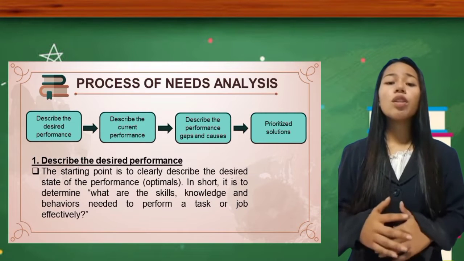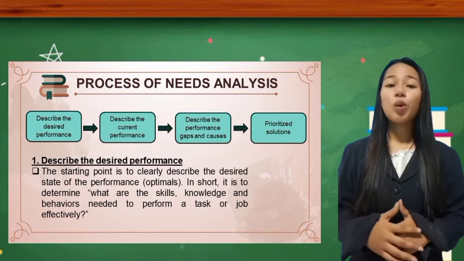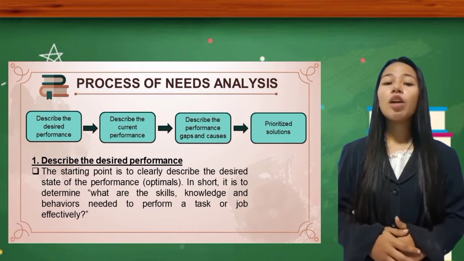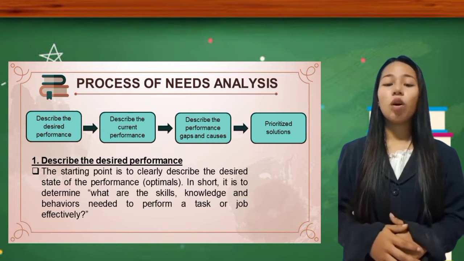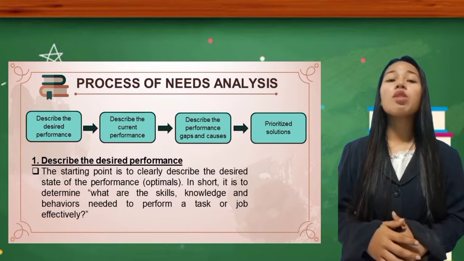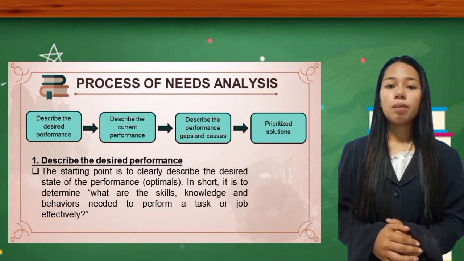Another thing is we should describe the desired performance or behaviors using actionable terms. On the other hand, describing regulatory requirements that determine need must be taken into consideration. And most especially, describing the program or business expectations for performance.